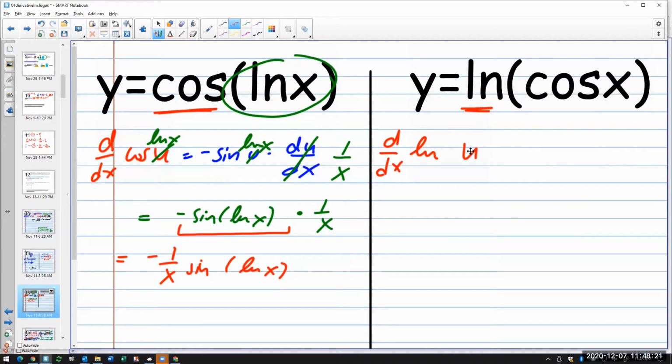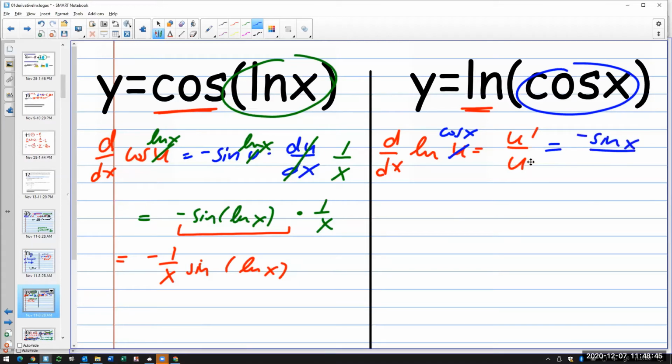Okay, on the right side, ln of u is going to be the dominating function here, okay? So the derivative of ln of u, do you agree, is u prime over u, right? What is my u in this problem? Cosine of x. Everywhere there's a u, replace it with cosine of x. So what's u prime? What's the derivative of u? Negative sine x.